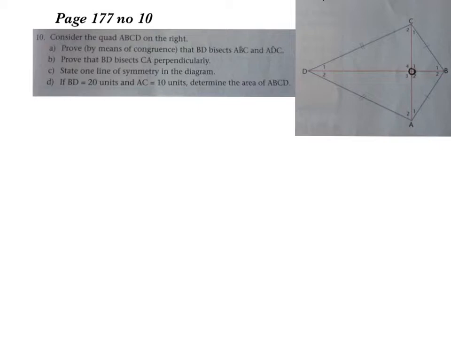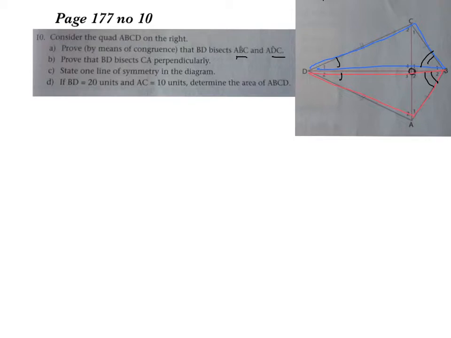So what we are going to try and do is prove that triangle ABD, this triangle here, is congruent to this triangle here. Because if they are, then this angle is going to equal that angle, and this one will equal that one, which means that line DB does bisect ABC and ADC.